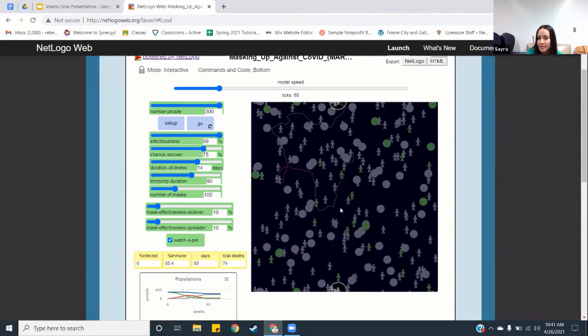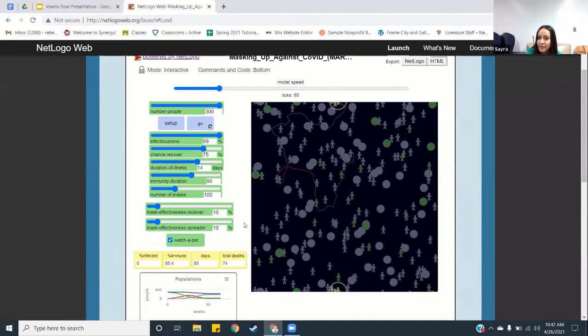And so now, since the virus has died out, or well, basically it stopped spreading, this took us about 65 days, but there have been 74 total deaths. So you can see that is a lot more than in the first scenario where no one wore masks at all, which was only 57 total deaths, and now it's 74.